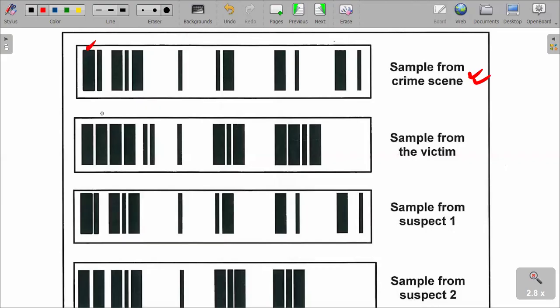We look at this big bar, and then this big bar, and a small bar.